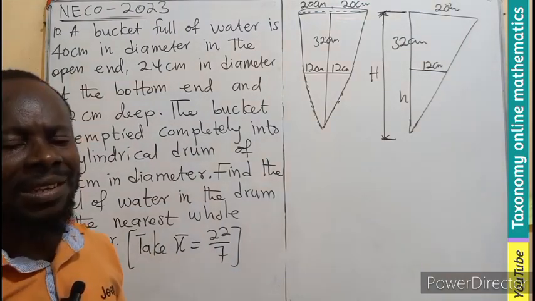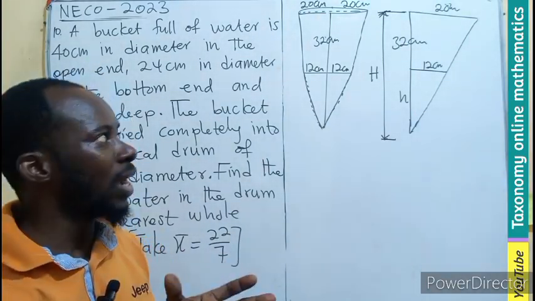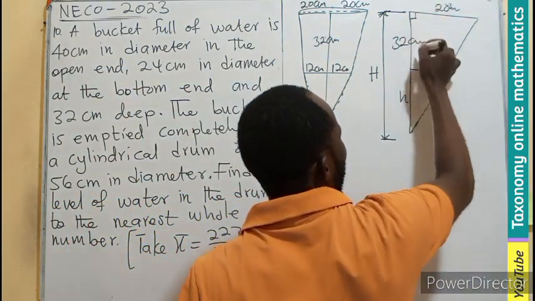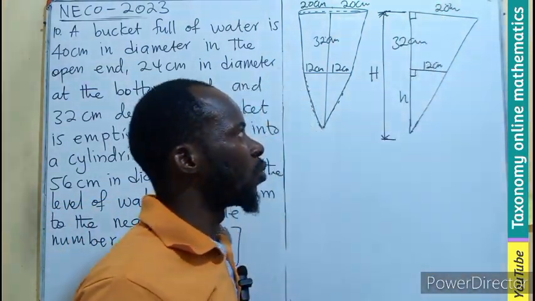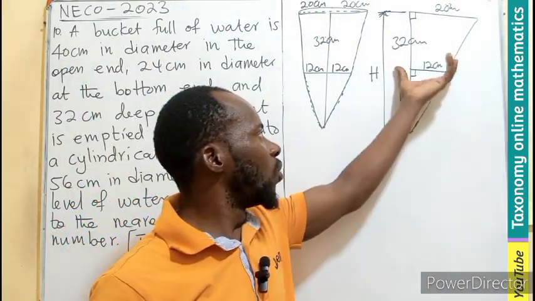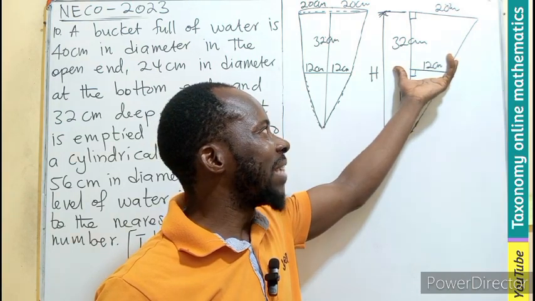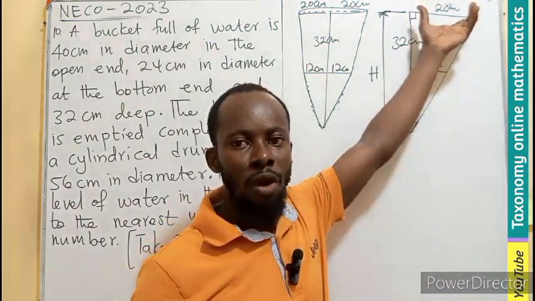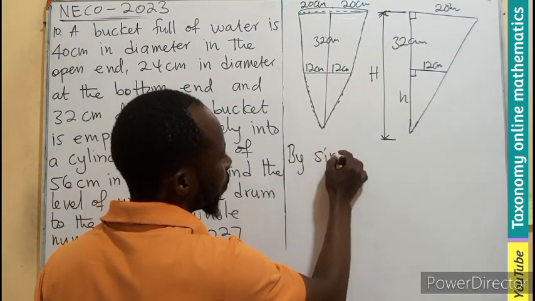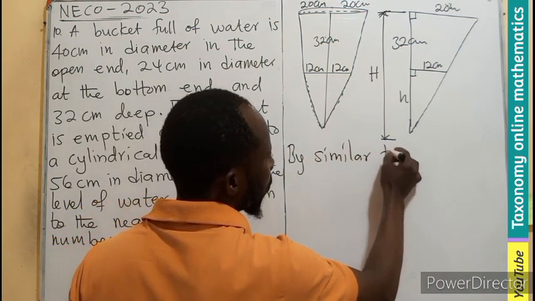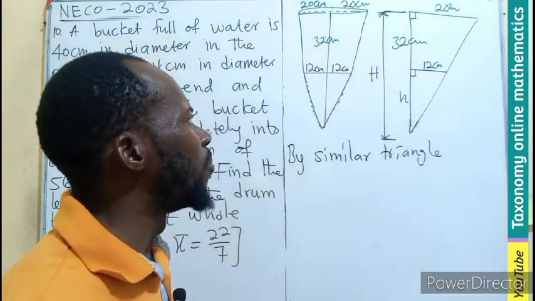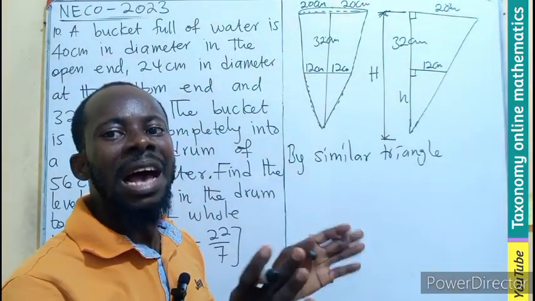If we look at this as a complete triangle, don't forget this is a perpendicular line, so this will give you a right angle triangle. So we can call this a similar triangle. By similar triangle, we compare the corresponding sides.